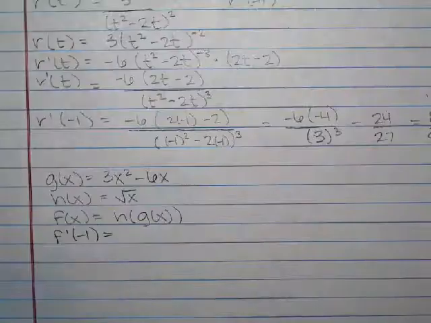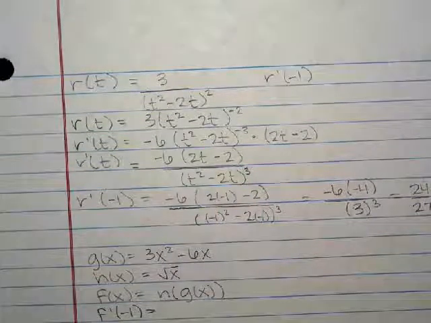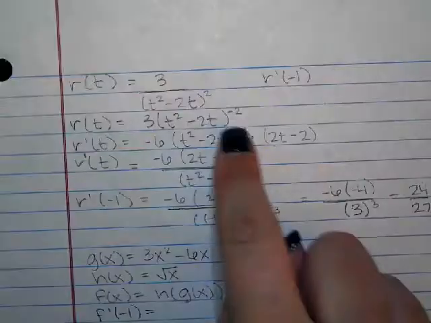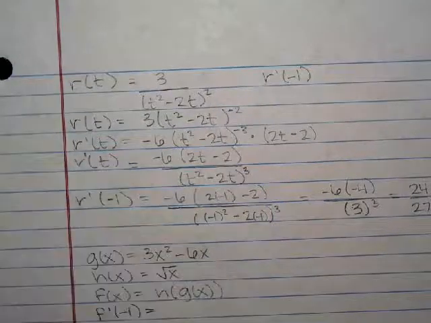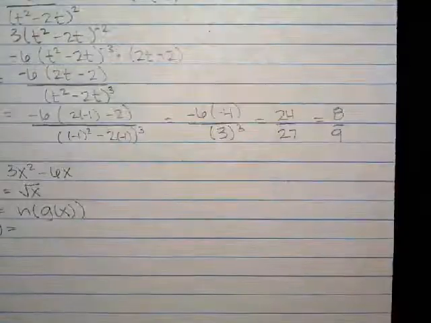Okay. So what we're going to do is ignore the functions to start with. Let's just look at h of g of x. If this is f of x, then what is f prime of x?